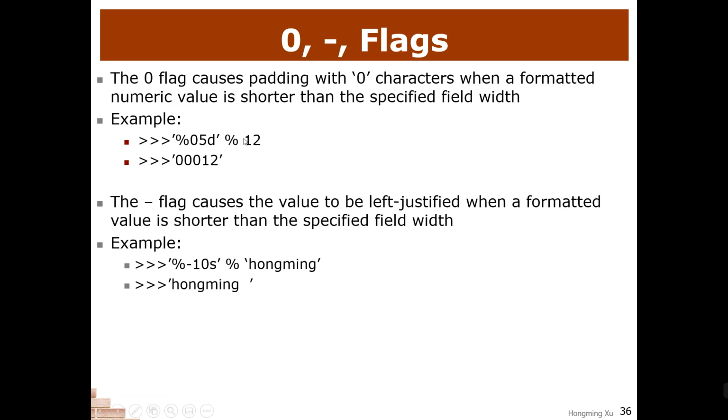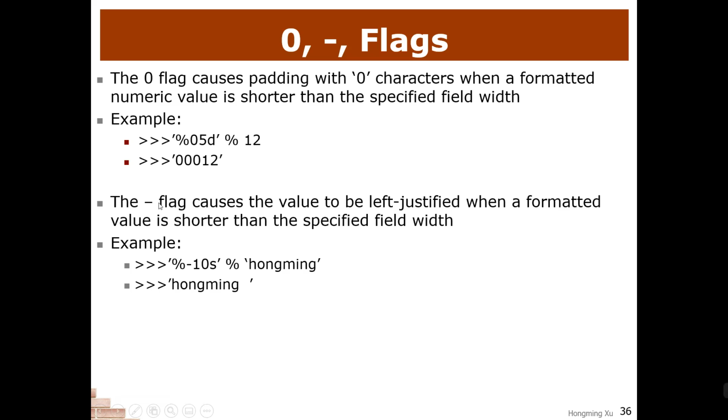If we want to display 12, but we want to display it with a specified width of 5 characters, now using 0 here, the padding zeros will be added to the output.